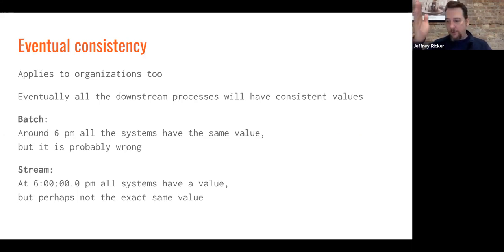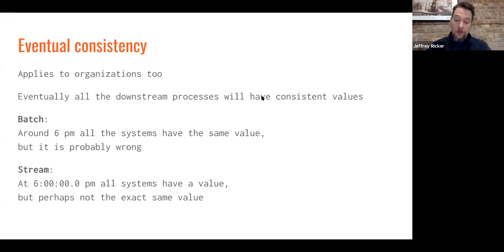And we just said, no, stop the clock, we're stamping it there. In a streaming world, at exactly 6 o'clock to the millisecond, all the systems will have a value, but perhaps not the exact same value, because their processing time will not match the event time.